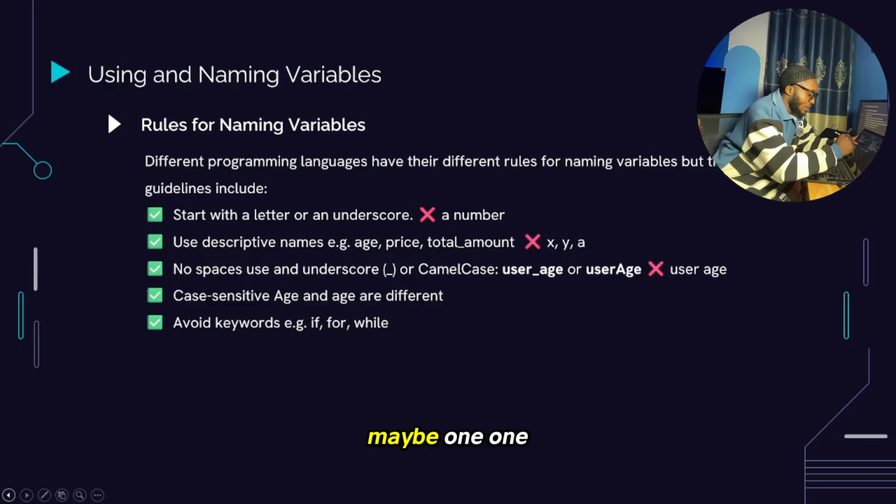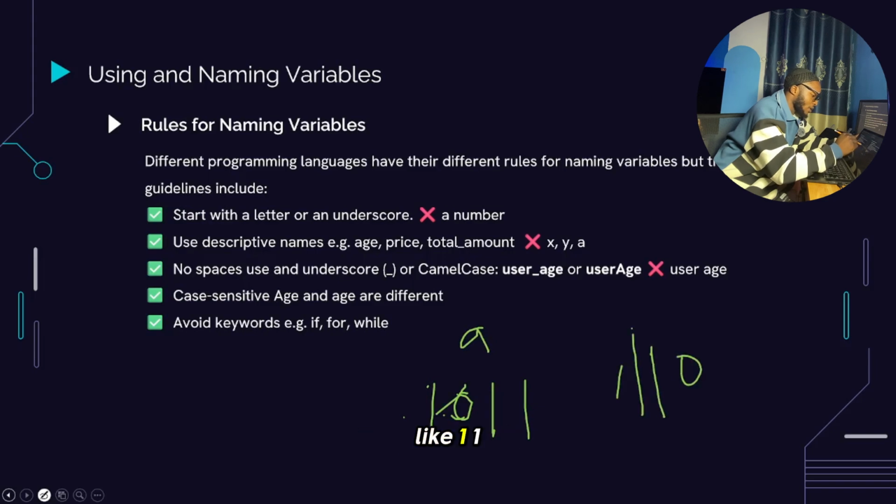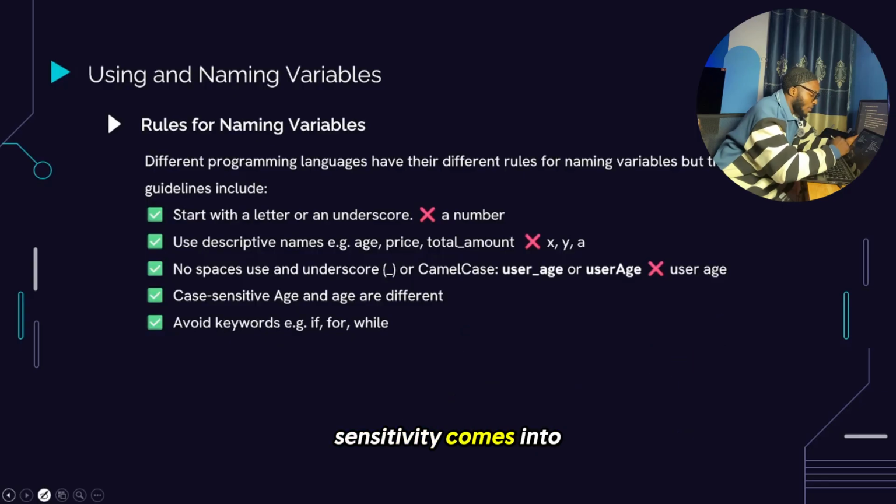Let's take 4 digits for example: 1 0 1 1. So let's say this represents small a. I have something like 1 1 0 1. This is capital A. So you see that this here is not equal to this. That's why case sensitivity comes into play.